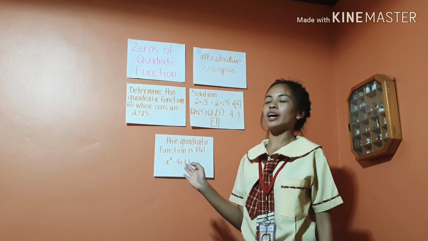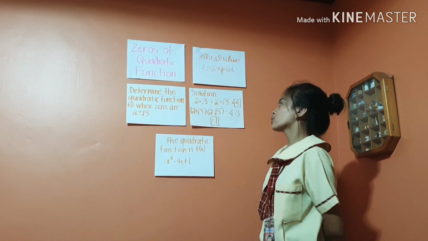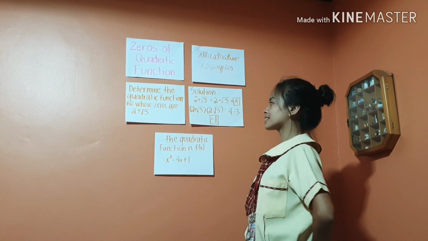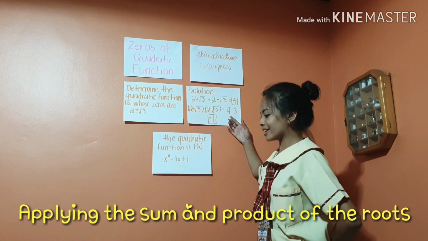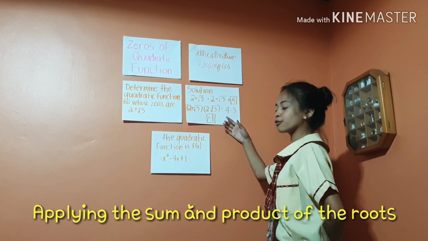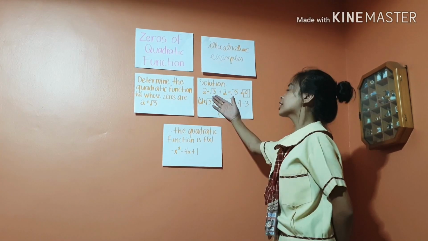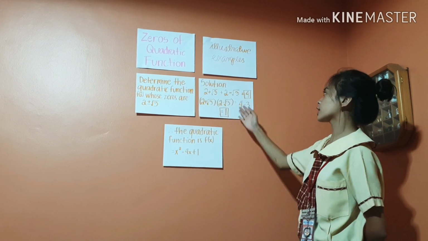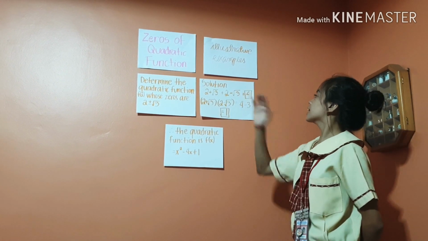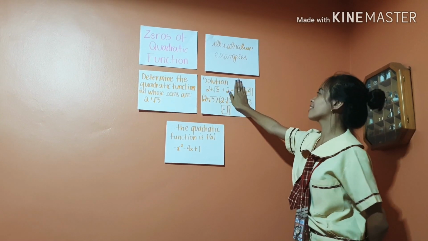In the second problem, determine the quadratic function f of x whose zeros are 2 plus or minus square root of 3. So the solution, applying the sum and product of the roots, which is easier in this case: 2 plus square root of 3 plus 2 minus square root of 3 equals 4, because you can cancel the positive square root of 3 and the negative square root of 3.